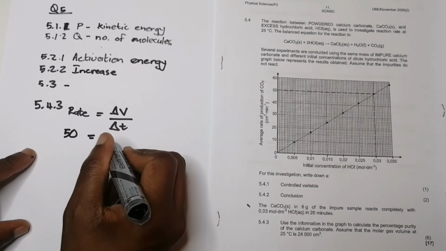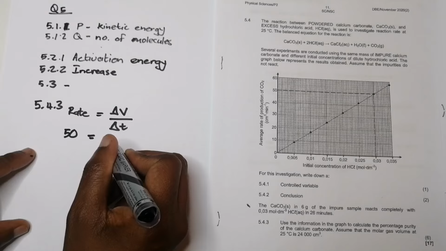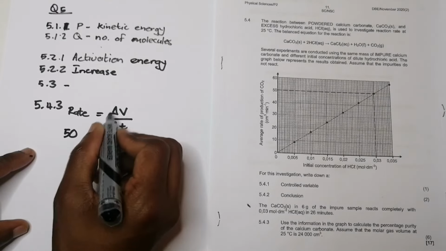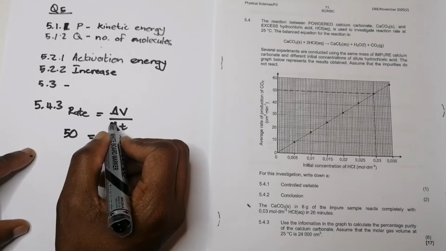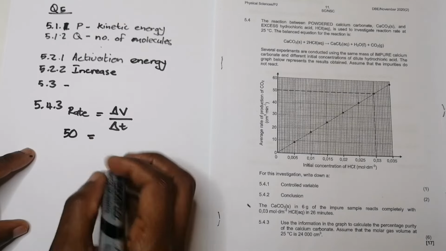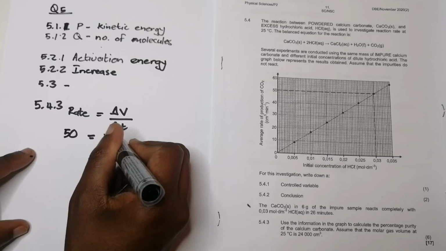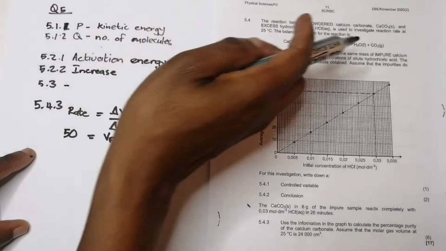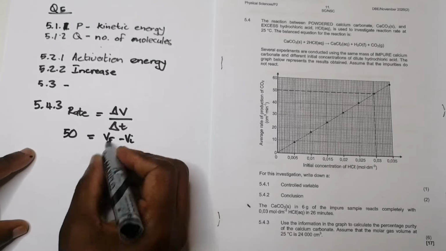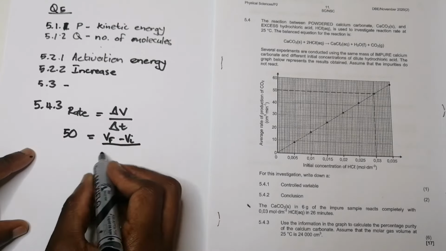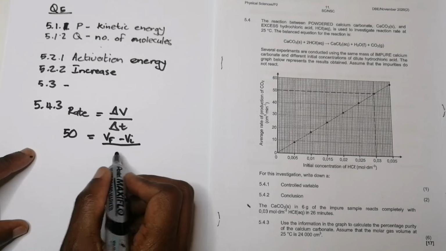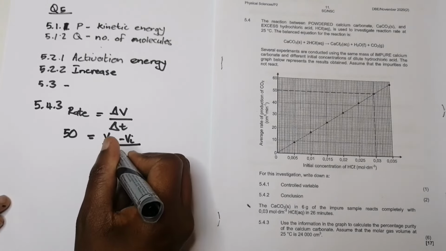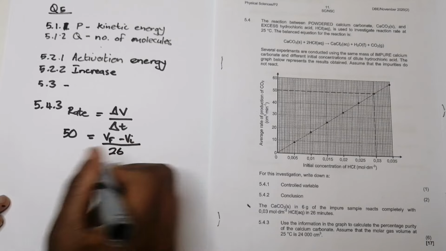But let's find out what our volume is. This is going to be the change in volume, so that is the amount of volume. Remember, you started with nothing, so it would be volume final minus volume initial. How much carbon dioxide did you start with? You would have started with nothing, isn't it? Divided by how long it took us to produce this much volume, which is 26 minutes.